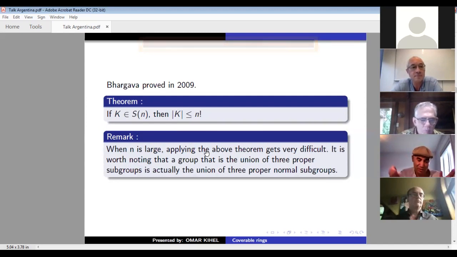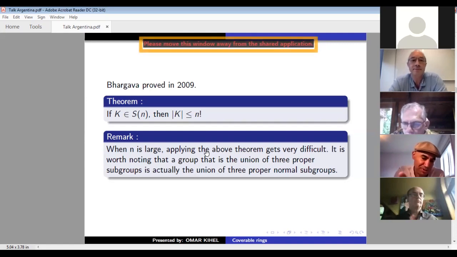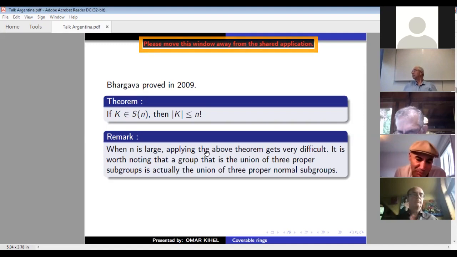If you take n equal 20, there is no hope to see all the groups of order less than or equal 20 factorial, and then check by hand or by computer. This is very large. This bound of n factorial has been improved, but not that much. So you have something like n minus 1 factorial, or if I am not wrong, until n minus 2 factorial. So when n is small, this is a good improvement, but when n is large, this is still not good.